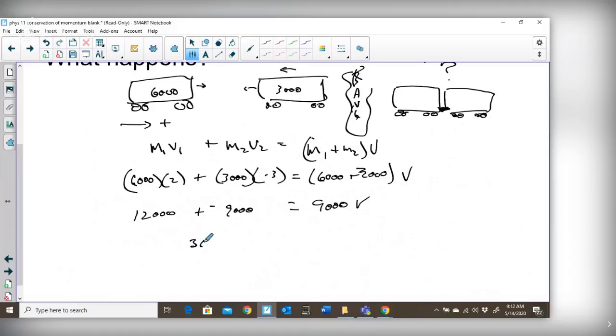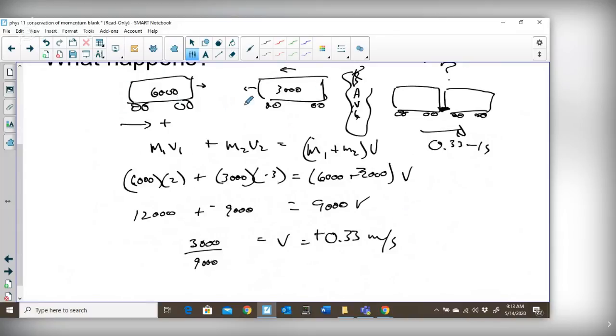So this would be equal to 3,000 over on this side, and we're going to divide both sides by this 9,000, and the velocity is equal to 0.33 meters per second. So what does that mean? That means that these two cars are moving off in this direction. How do we know it's that direction? Because it's a positive value at 0.33 meters per second.